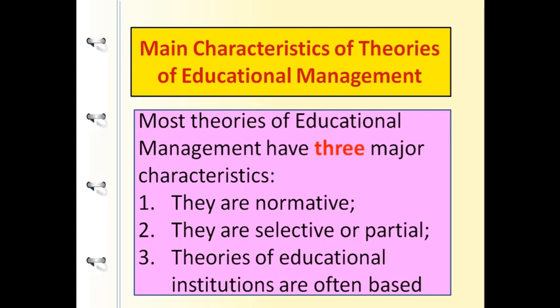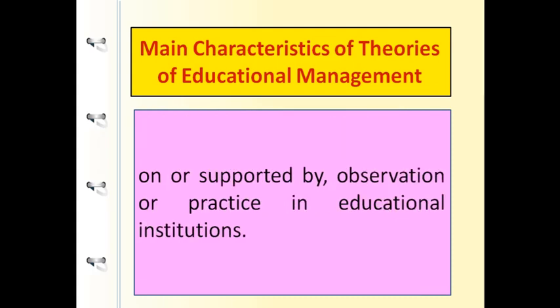What does it mean? It means that they emphasize certain aspects at the cost of other elements. Third, the theories are often supported by observation or practice in educational institutions. Now let's move to the functions of theories of educational management.